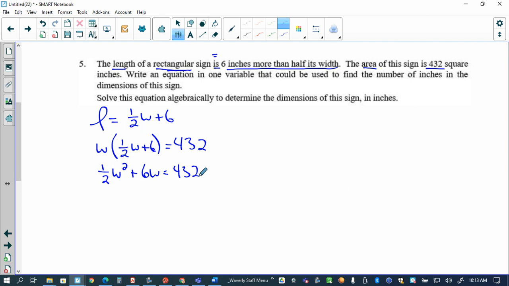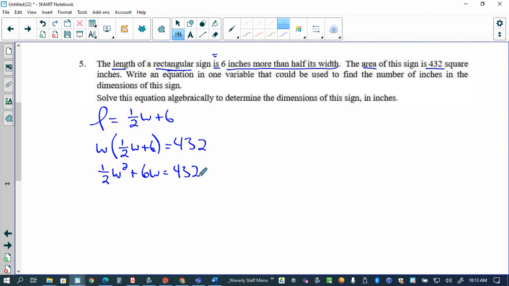So if I have 1/2 and I multiply it by 2, I don't have a fraction anymore, do I? So how could I make that fraction go away? Multiply by 2. Multiply what by 2 exactly? Your whole thing. You can't just multiply one thing. Everything in there has got to get multiplied by 2, right?